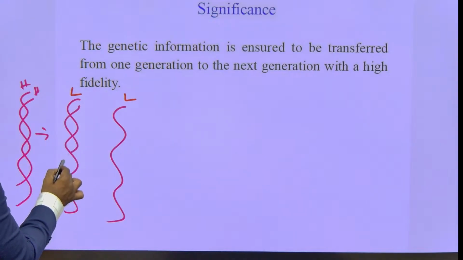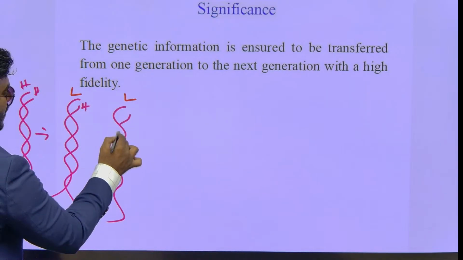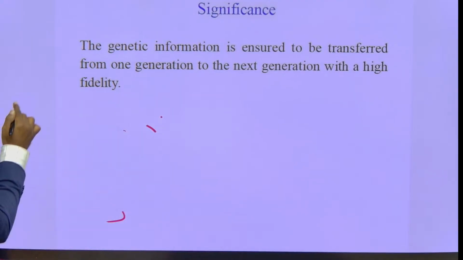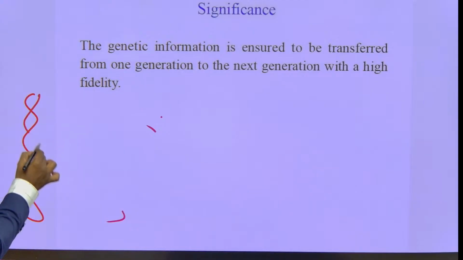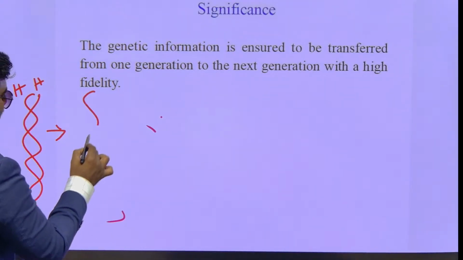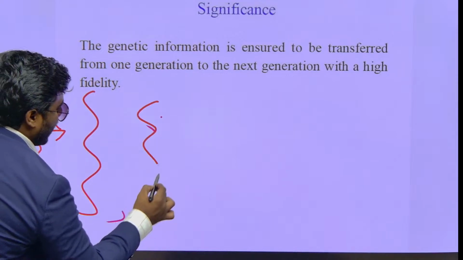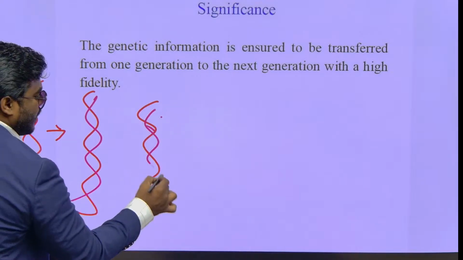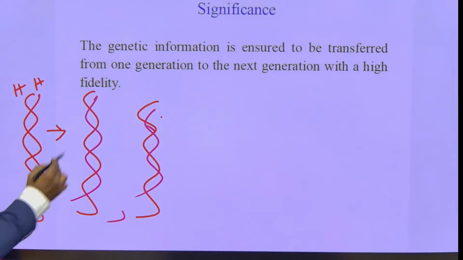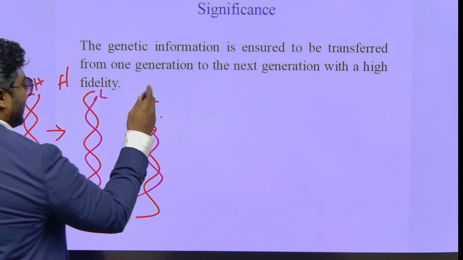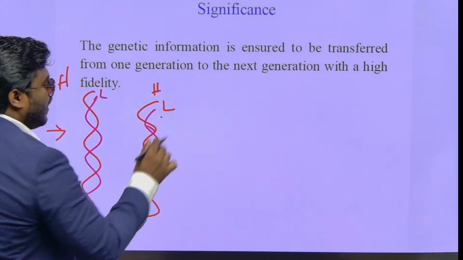So let's consider this is a parent DNA, both strands heavy. Now during DNA replication, both parent strands got separated and gave rise to daughter strands, which means one heavy strand and one light strand, one more heavy strand and one more light strand.